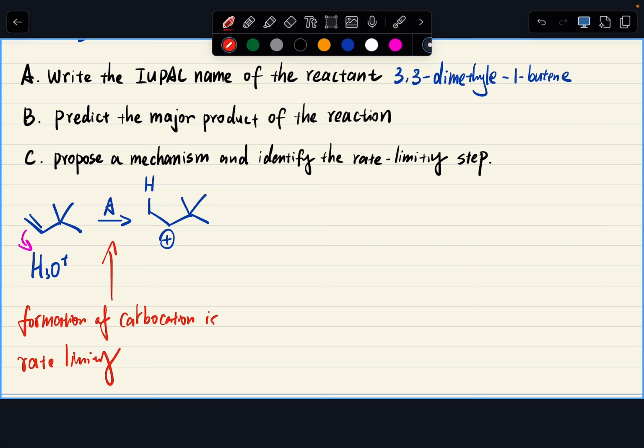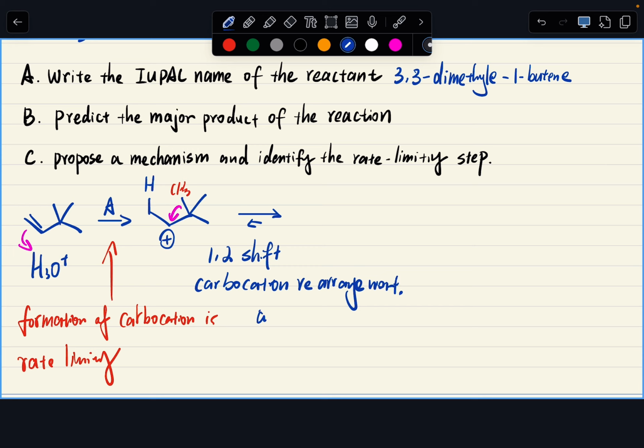Now, in this case, we have a CH3 group right next to the carbocation that can undergo a 1,2 shift, or carbocation rearrangement. Or you can also call it an alkyl shift, 1,2 alkyl shift.